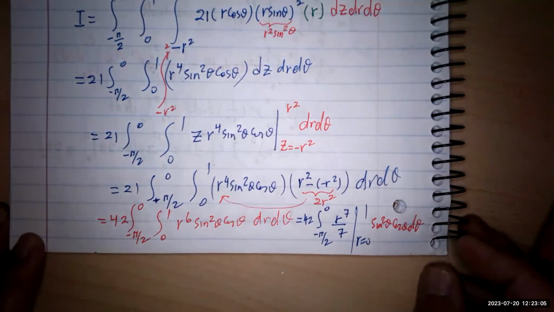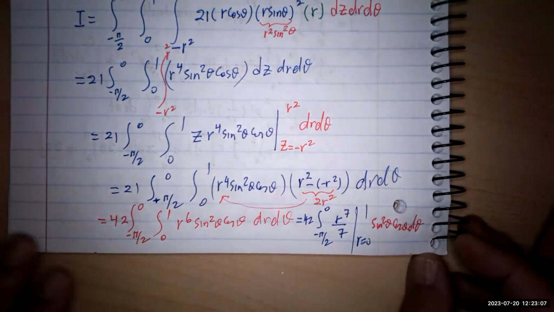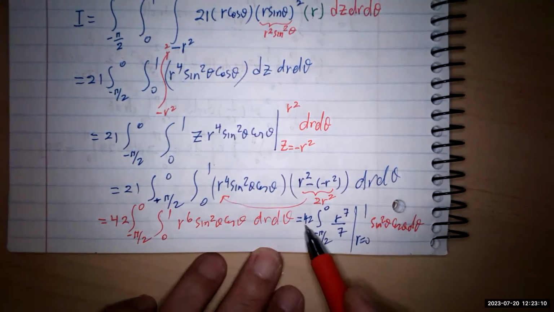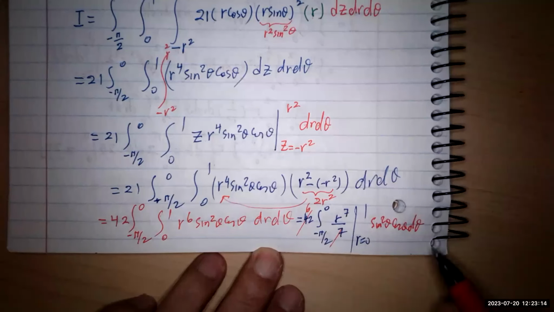Okay, are you done? Any question? So even you can simplify the 7 and 42 here. So that gives us 6 outside.